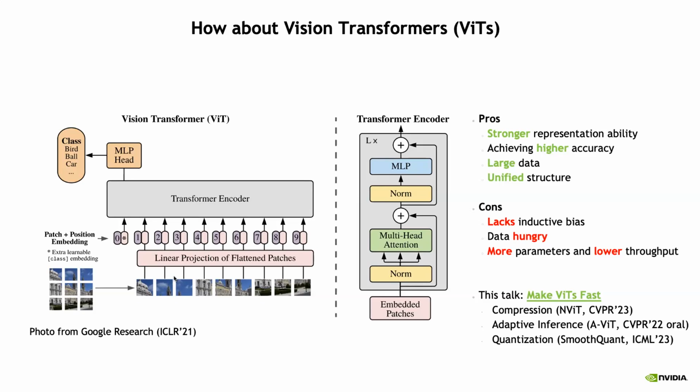So it's slightly different, and how can we exploit the previous approaches we developed on CNNs to make ViTs fast? I will cover 3 slightly different approaches to show how pruning scales, how adaptive inference scales, and how quantization scales. In short, the methods scale, with small minor tweaks, and they work pretty well.